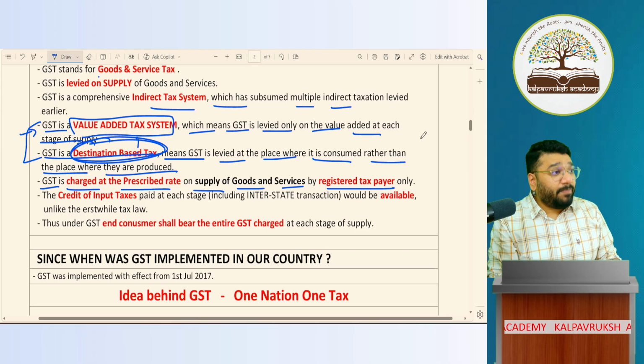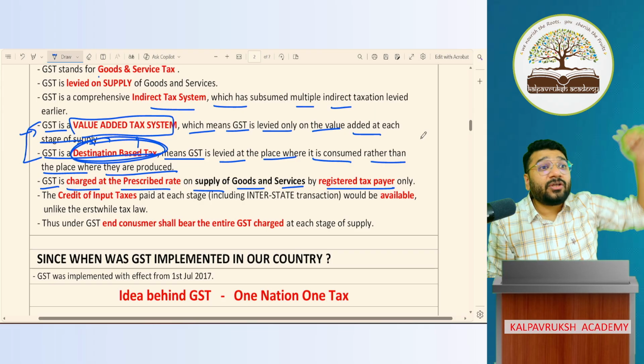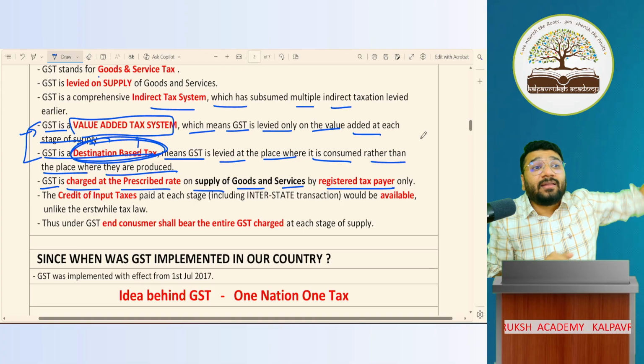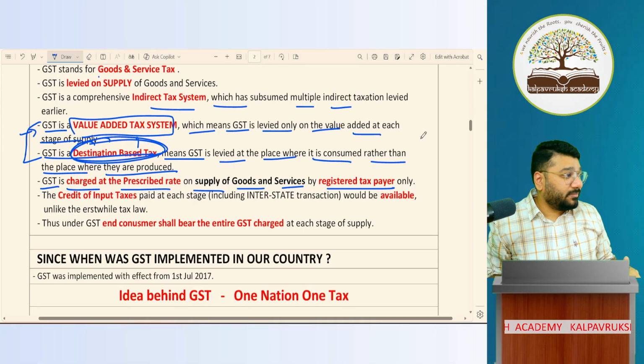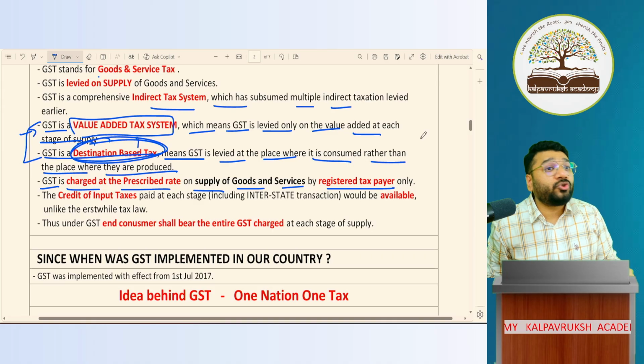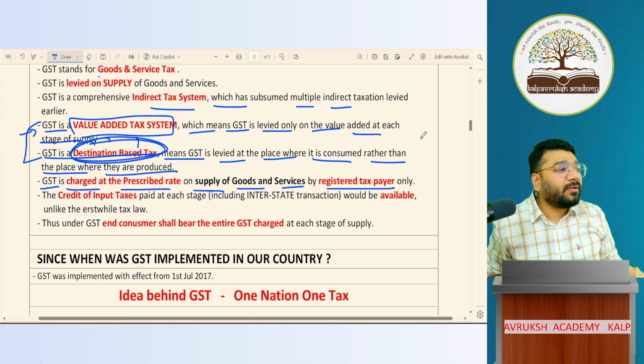Will the GST department function as per my mood? No. So the GST rate that you're supposed to charge on your product and services is already prescribed by the GST department. The GST law is there, no? The law has told you what rate you are supposed to apply on the product or the services that you are selling. Okay, not okay?